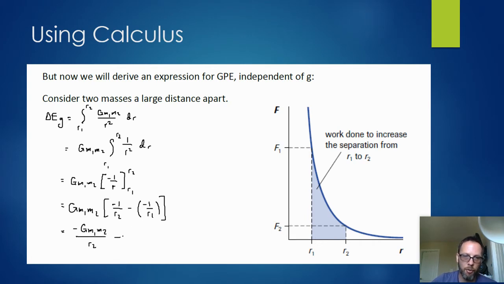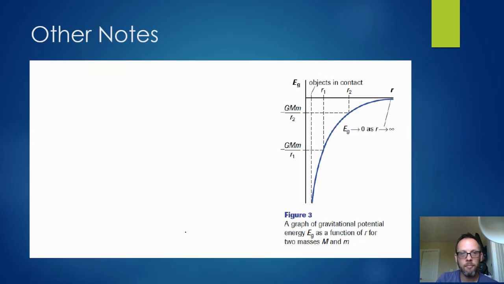And then we have subtract negative G M1 M2 over R1. And we come to the same conclusion as before, that the gravitational potential energy is negative G M1 M2 over R. So yeah, if you want to just pretend that those 2 minutes never happened because you haven't taken calculus, or even if you have, that's totally okay. That's purely optional. I didn't have a space for you to do that on your sheet, so you don't need to copy that down.